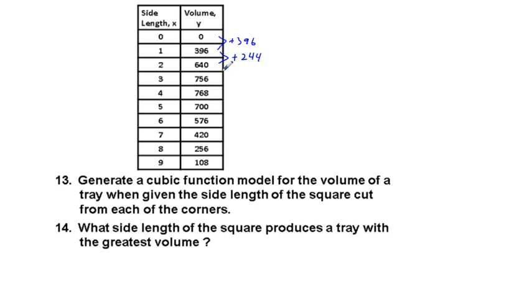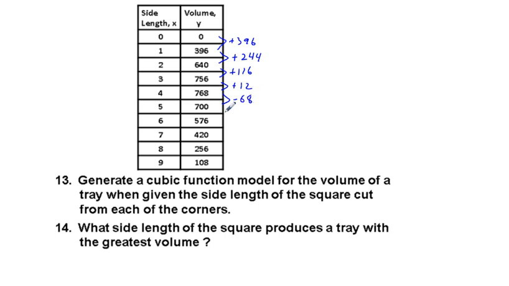Then we have 756 minus 640. Actually, that's going to be 116. Then we have 768 minus 756. That's going to be plus 12. Then we have 700 minus 768, which is negative 68.